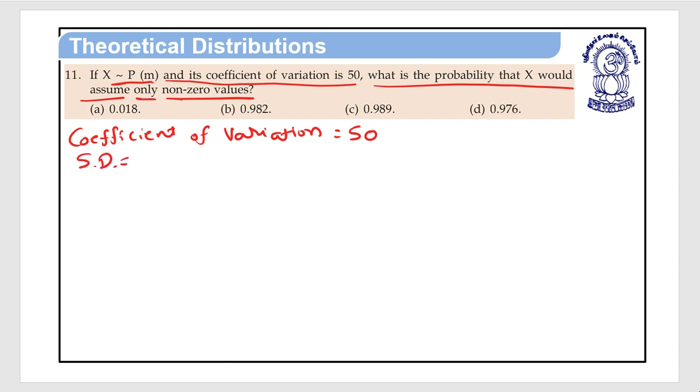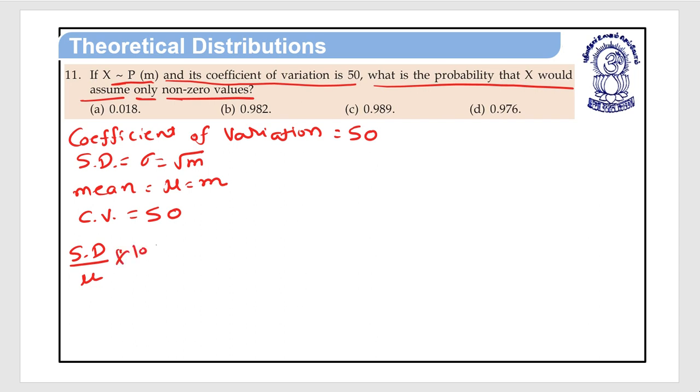SD is equal to sigma is equal to root m. Mean is equal to mu is equal to m. So CV is equal to 50. The formula is SD upon mu into 100 is equal to 50.